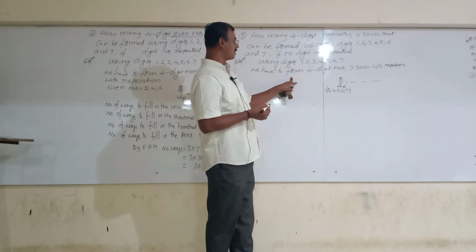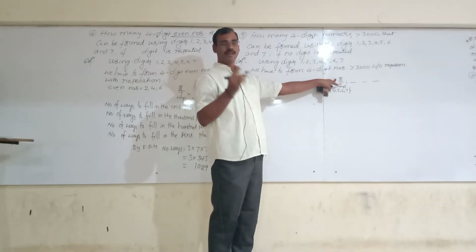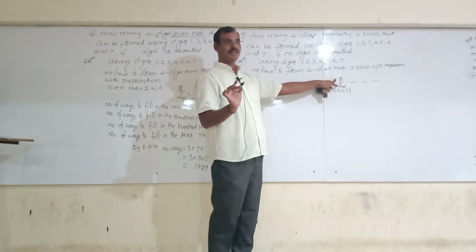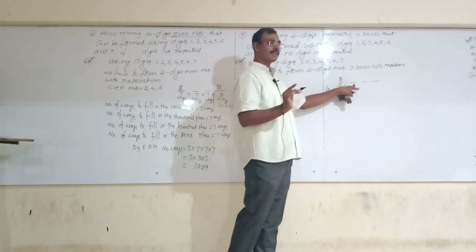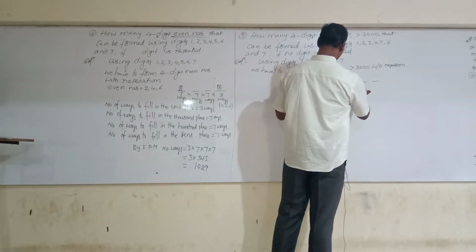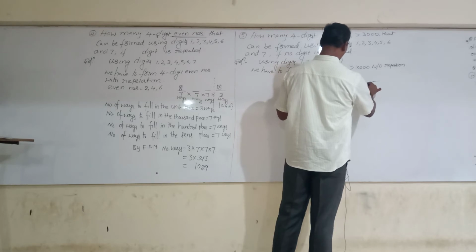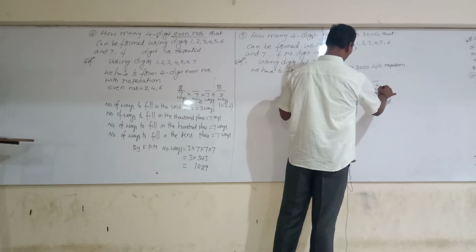How many digits are left now? One of the numbers has come in this position, so 6 digits remain. How many ways could I fill the second place? 6 ways. Following this can be filled in 5 ways. Following this can be done in 4 ways.